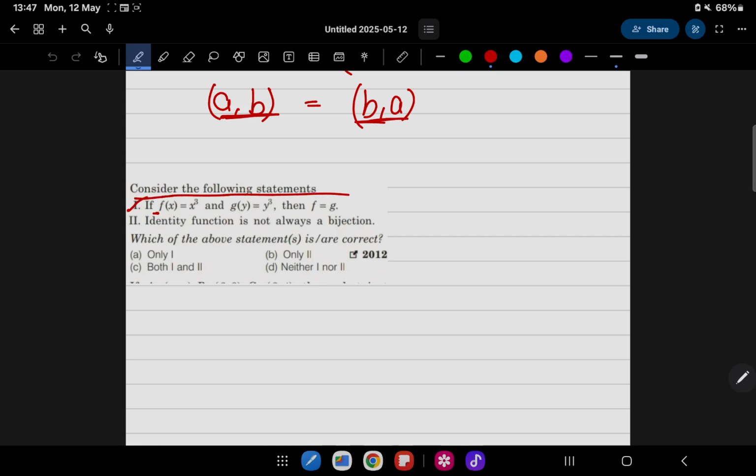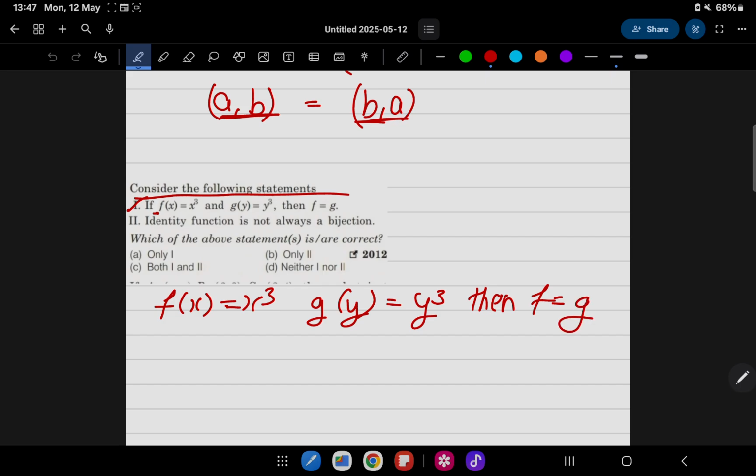Statement number one says that f(x) is equal to x cube, g(y) is equal to y cube, then f is equal to g.